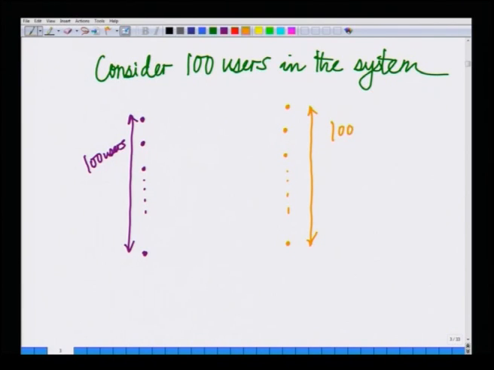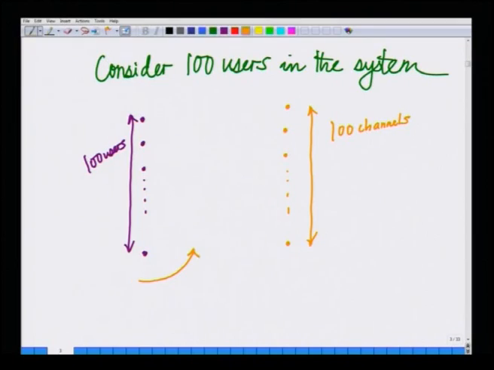These are 100 channels, which are essentially frequency bands or time slots and so on, available for 100 users.